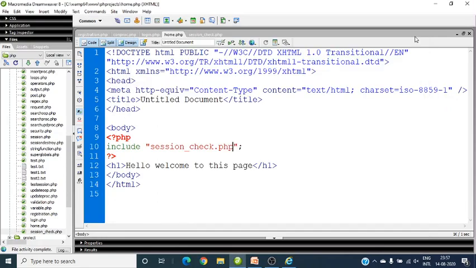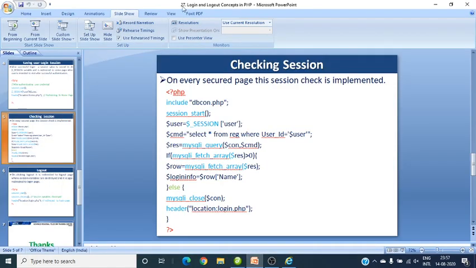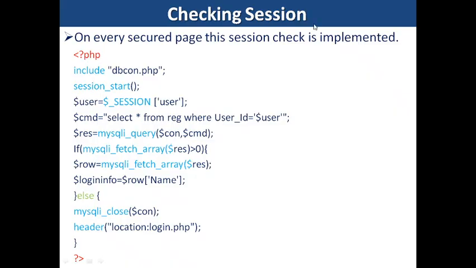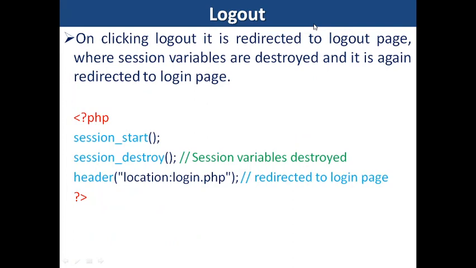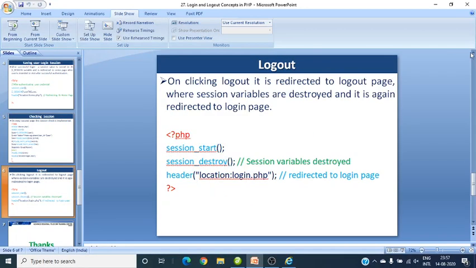So let us get back to our presentation first. On clicking logout, it should be redirected to the logout page where session variables are destroyed, and it is again redirected to the login page. So let us make a logout page first.